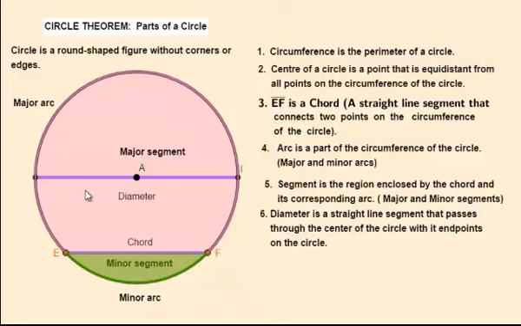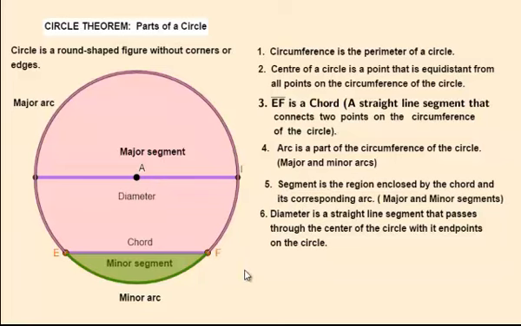So now you know what diameter is. You can differentiate diameter and a chord. The chord never passes through the center of the circle. It can be even just beneath or just above the center, but it should not pass through the center. That's the difference between a chord and a diameter.